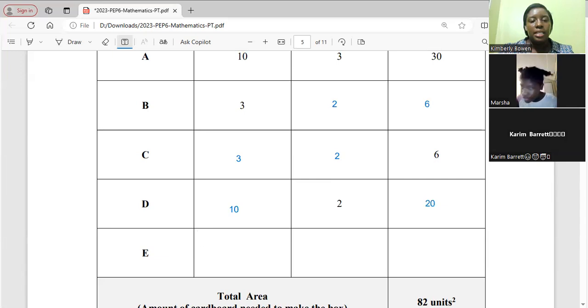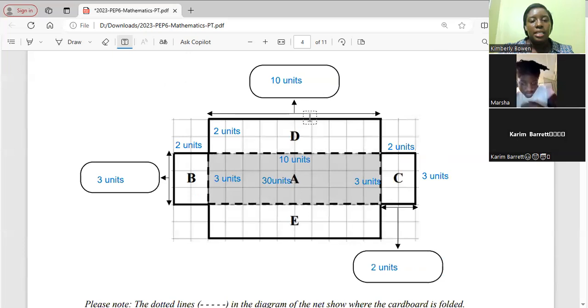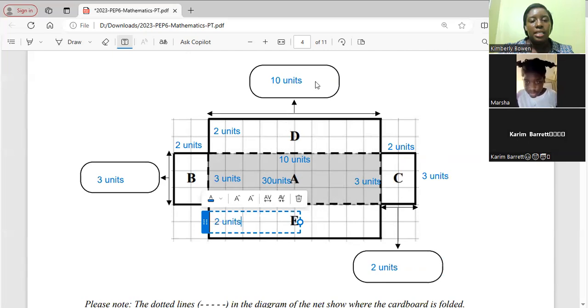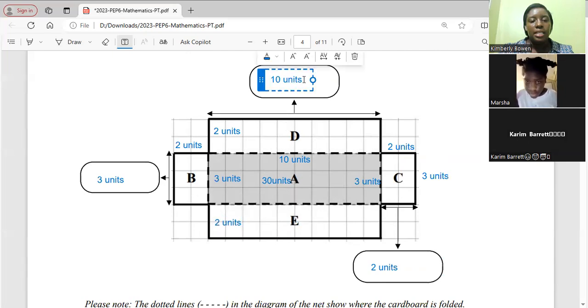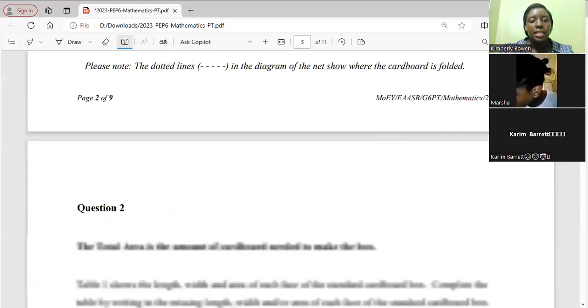And if we look at it, D and E have the same dimension, they're both the same. So here is also 2. And for E, here is also 10. We'll say 2 times 10 also gives us 20.